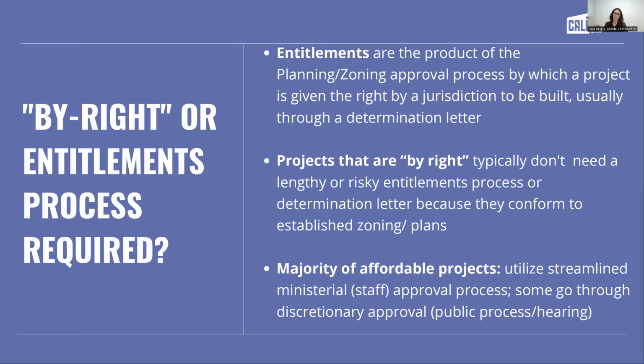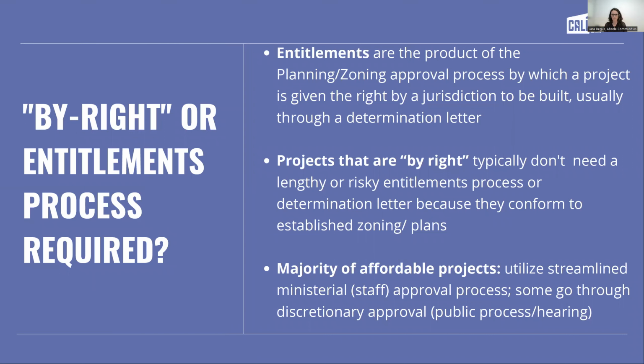But we can use one of these tools like the state density bonus and have the projects approved at the staff level of a city or a county, whoever's jurisdiction it is. And that makes for a much more straightforward process and also a little bit more clarity around what is expected. So we know that if we provide X, Y, Z, we will get our approval letter and be able to move forward towards the rest of the steps in the process.